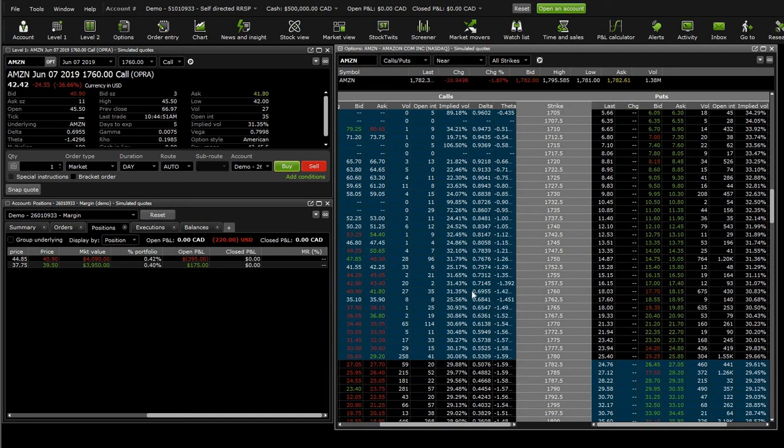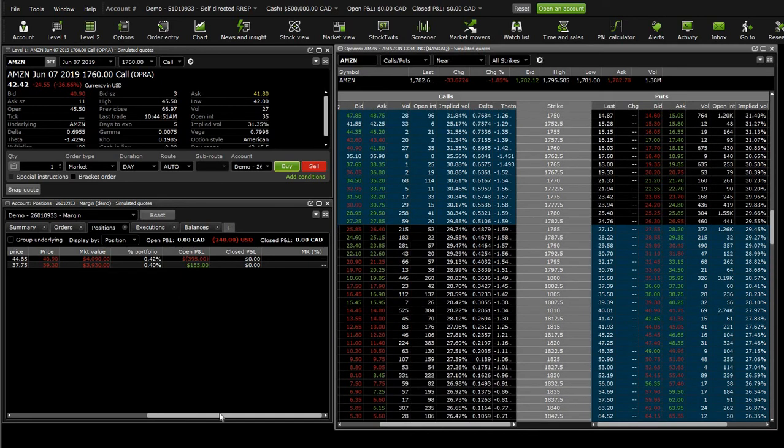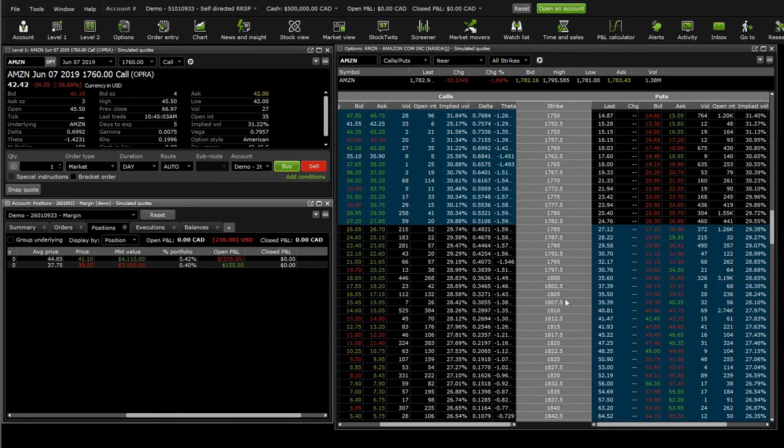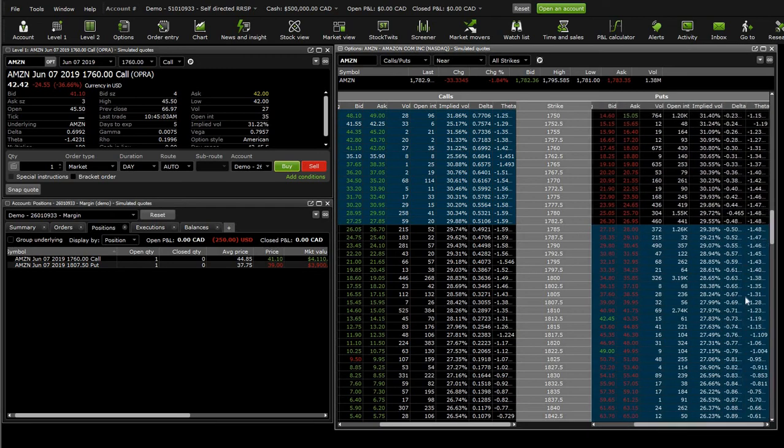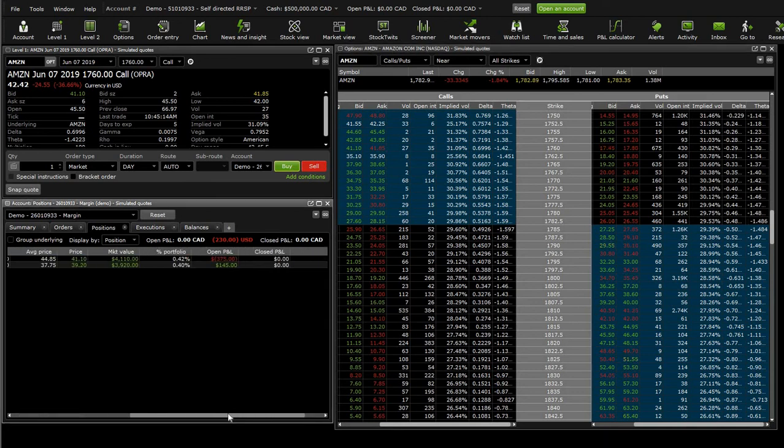We got a 0.7 on the call side. So for every $1, we're going to get a 0.7 move in our option price. And then for the 18075 puts, our delta would be about 0.7. So I was pretty close to getting them at least comparable. That's how you tell how much the option is going to move.